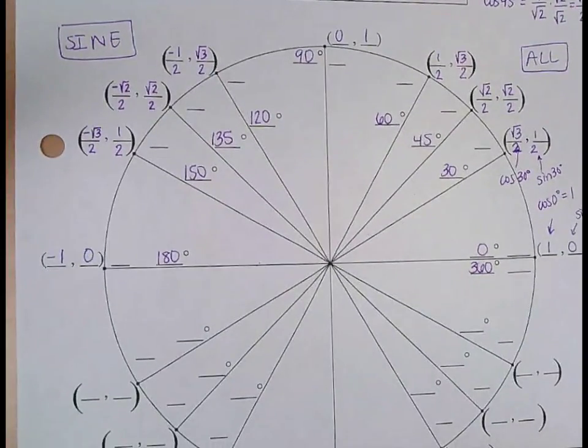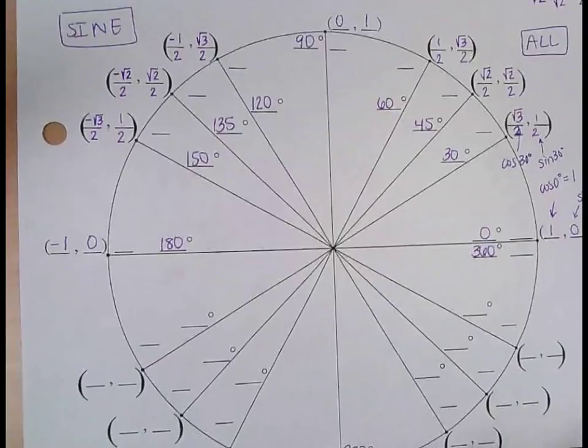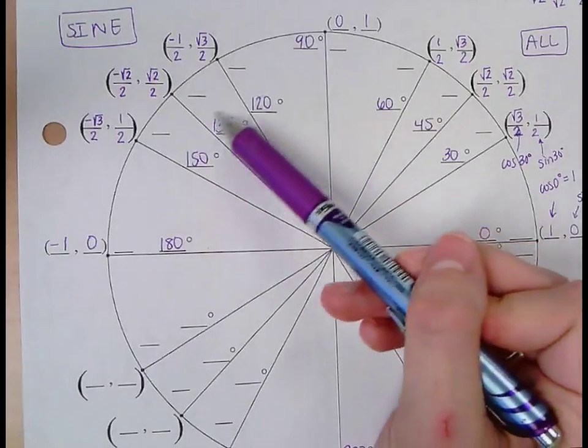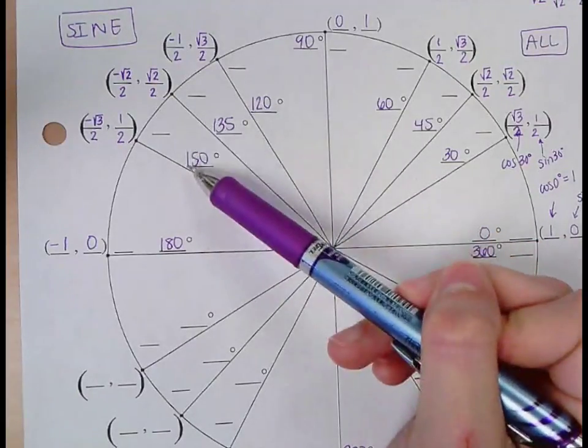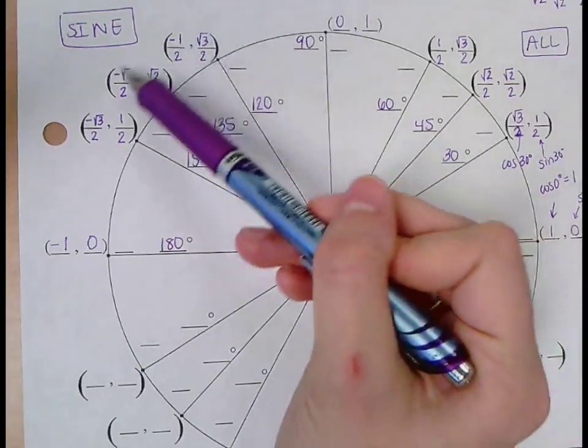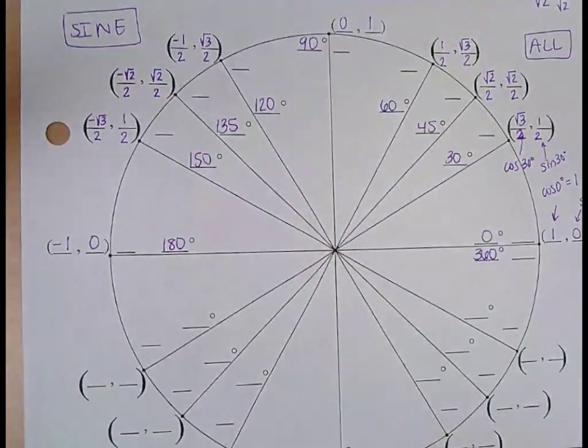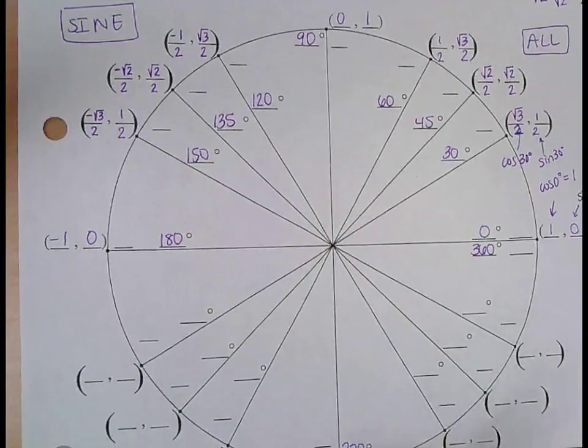What I'd like you to do is try filling in the remaining half of this unit circle. Okay, so I had gone through how I got these 3 angle measures and then also how I got these coordinates. So I'd like you to try this. I'd recommend writing in pencil if you can, because at the end I do want to make sure you have it filled in correctly.